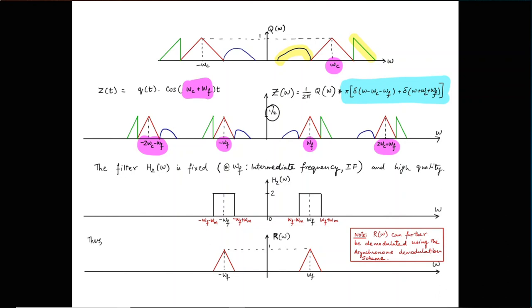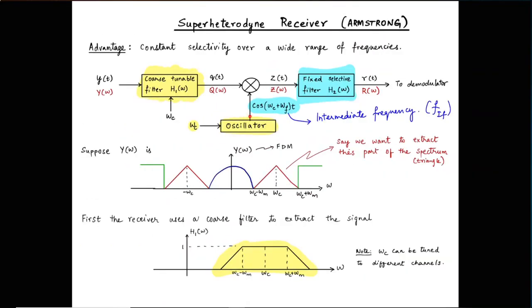This also means that suppose in a lab you had one really good, very selective filter. You make the center frequency of that filter your intermediate frequency, omega f. And that's what you use your cosine as: whatever you need to extract plus that intermediate frequency. So by changing the frequency of this oscillator, you will be able to pick out any signal, with the benefit that after the first stage, the result will fall in one region and one region only, where you have that highly selective filter.